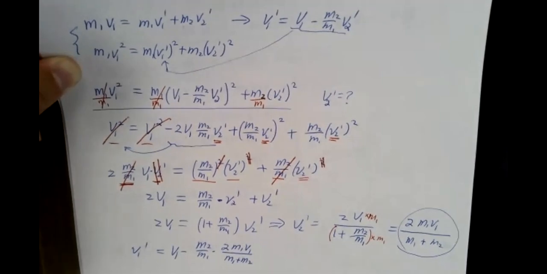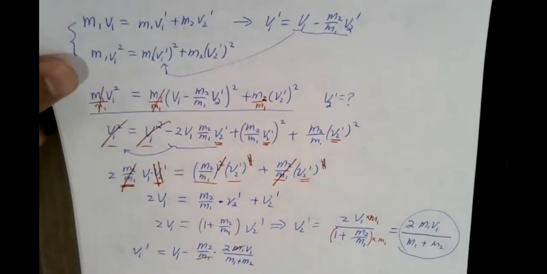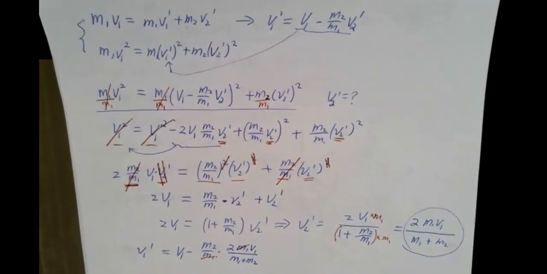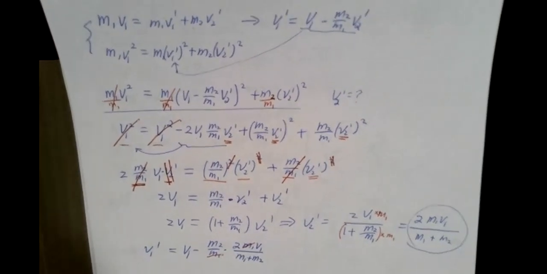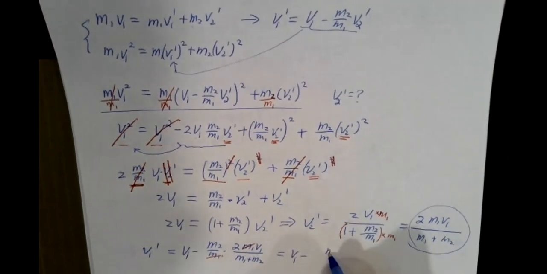Okay, I can see that this m1 and then this m1 will cancel out. Okay, one at the numerator, the other one at the denominator. Okay. All right. So then this is v1 minus twice m2 v1 over m1 plus m2.